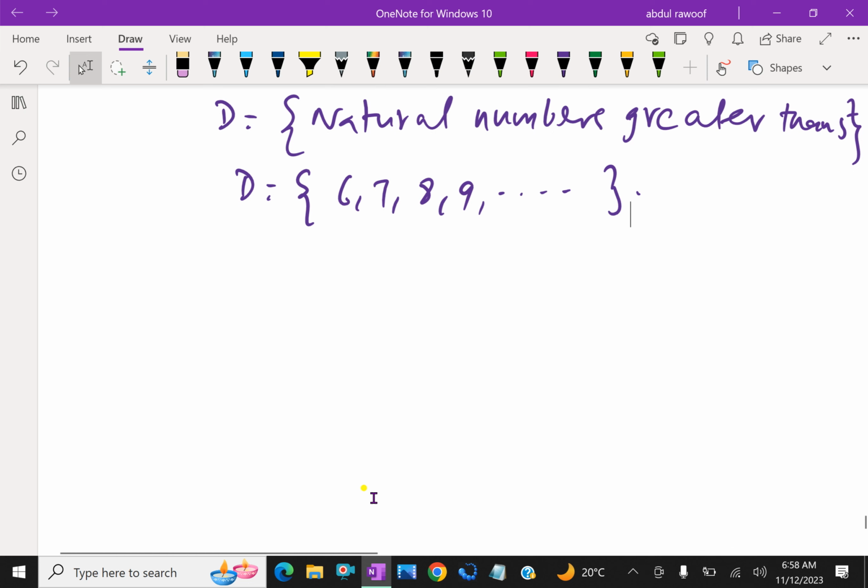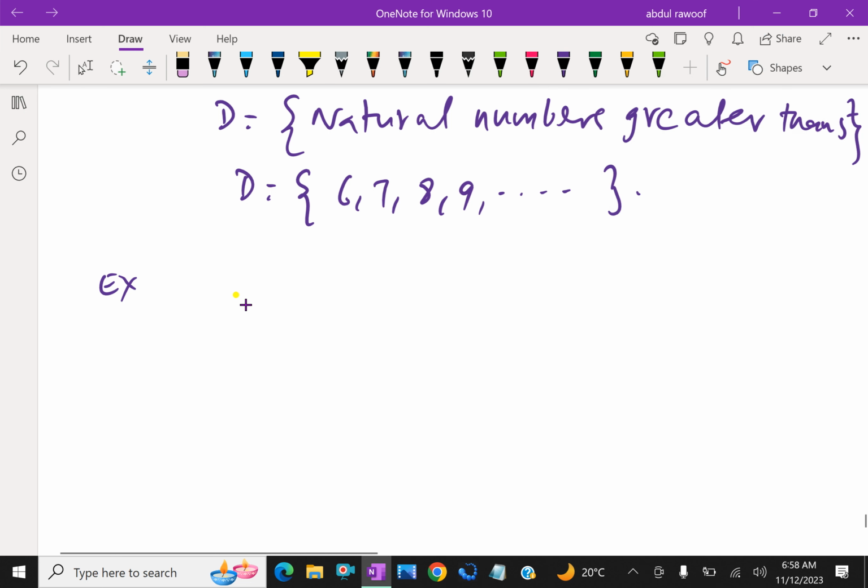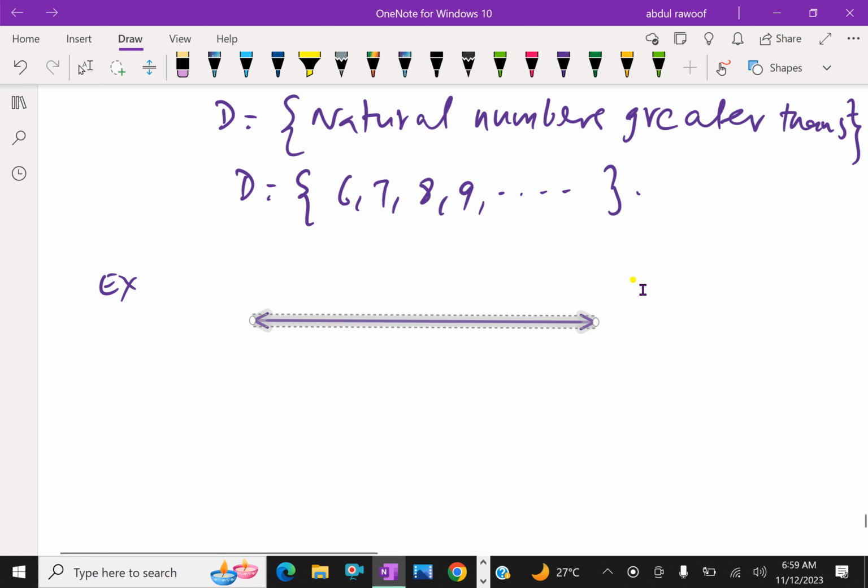Now, one more example, look here. Suppose this is 0, 1, 2. How to represent in verbal form this set?